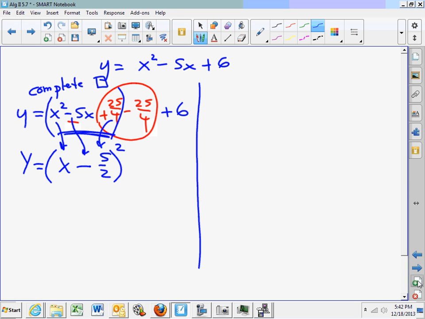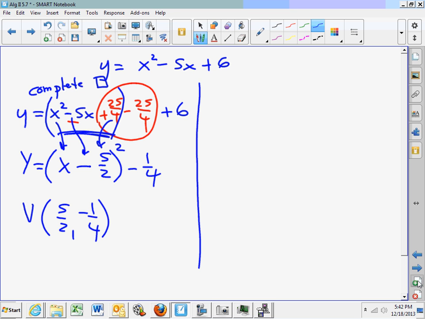Now, I have to add negative 25 fourths and 6. 6 will become 24 fourths, and so I get negative 1/4. And we're in vertex form. Now, the vertex of this parabola is going to be at the point 5 halves, comma, negative 1/4.